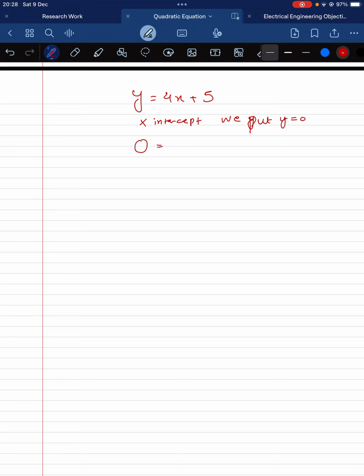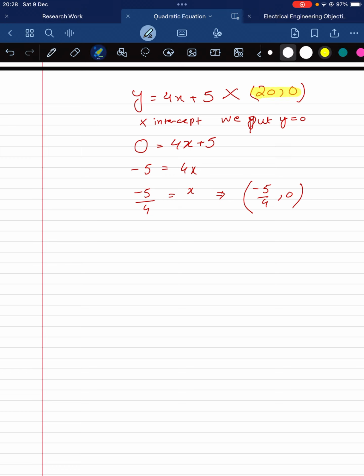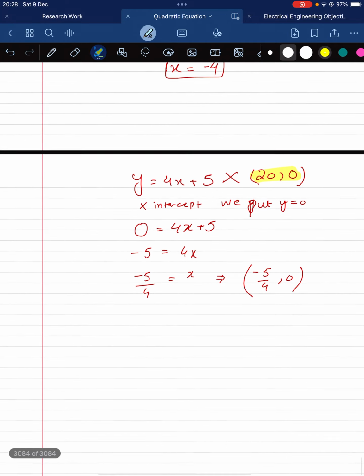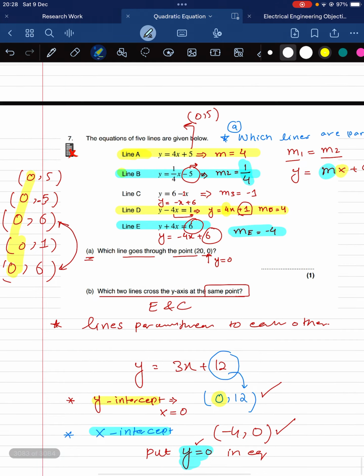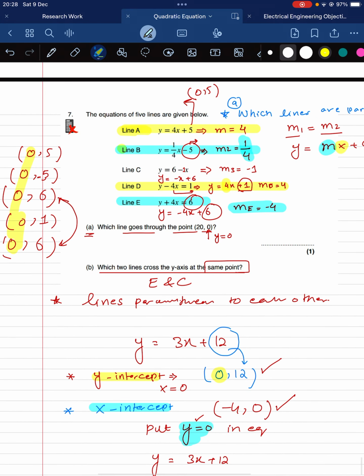So 0 is equal to 4x plus 5, and minus 5 is equal to 4x, so x is equal to minus 5 by 4. So this line has the x-intercept of (-5/4, 0). So it means that this line is not passing through (20, 0). The line which gives you the x-intercept of this value is the line passing through (20, 0). In the same way you can find the x-intercept for all of the remaining equations, then you can figure out which line is passing through (20, 0).